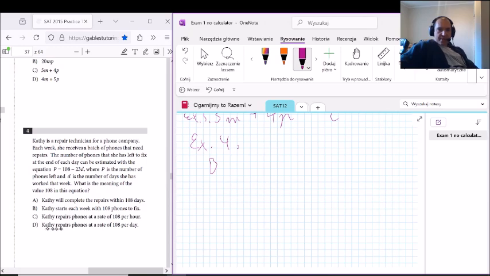And D, Kathy repairs phones at a rate of 108 per day. Once again, no. After Monday, she would be left with no phones.